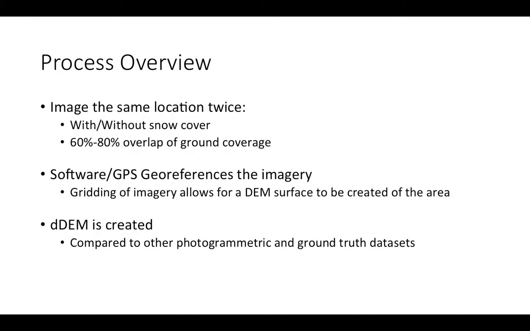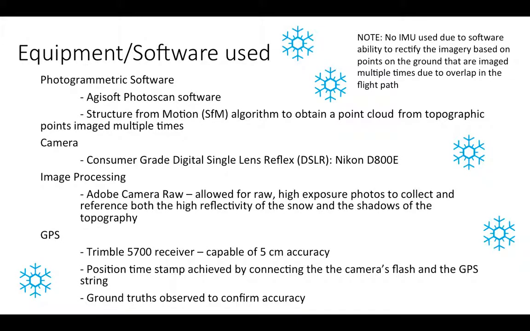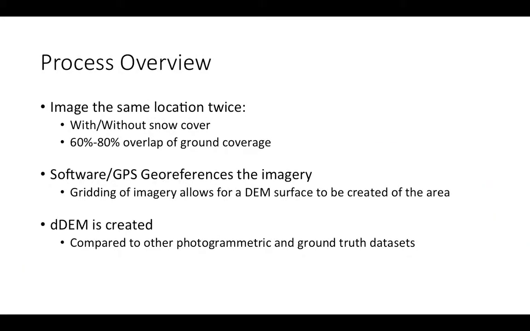So the basic process overview was they would image the same location twice, once with snow cover, once without snow cover, or vice versa, and then they would use 60 to 80% overlap of ground coverage to assist with the structure from motion algorithm used in the PhotoScan software.